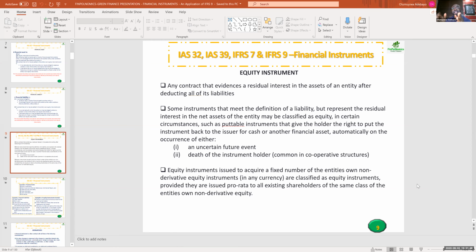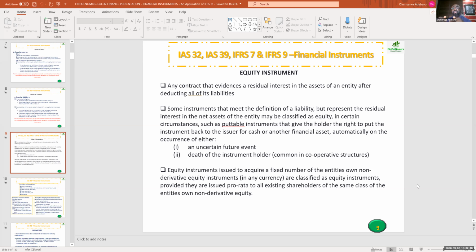A company has two options to raise capital. It can either raise capital by issuing ordinary shares or raise capital through debt instruments. When you raise capital through shares, once you receive the funds, you make use of them to generate economic activity for the company, and you generate the bottom line in terms of profitability.